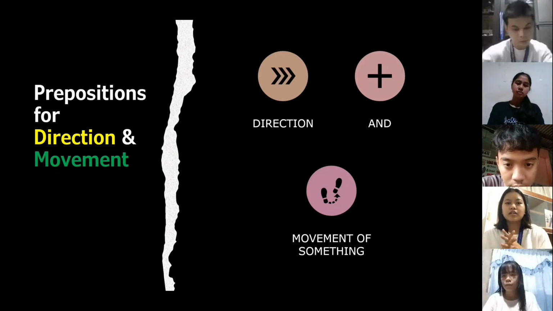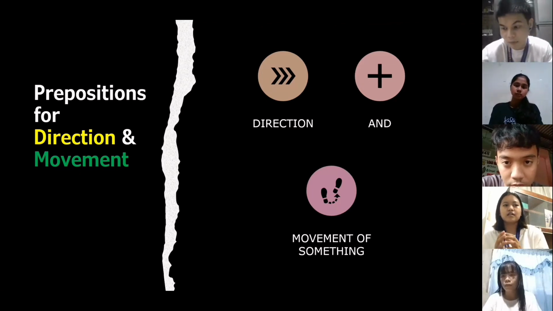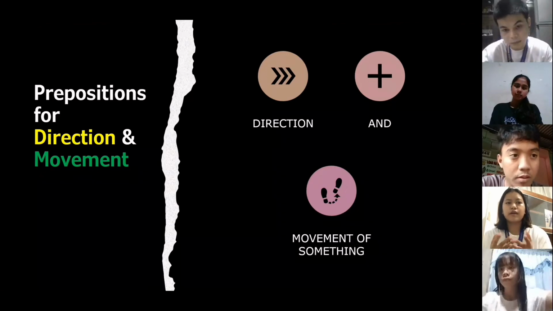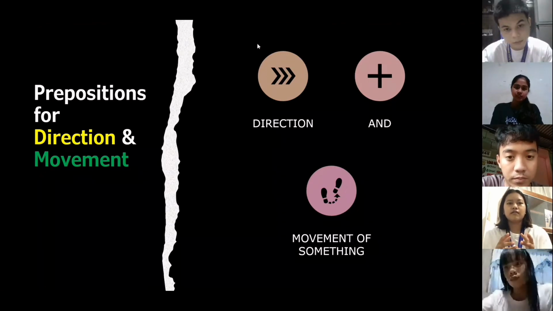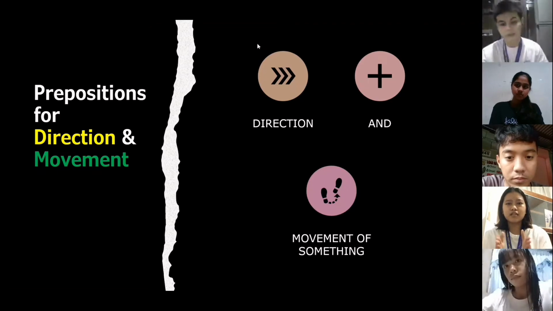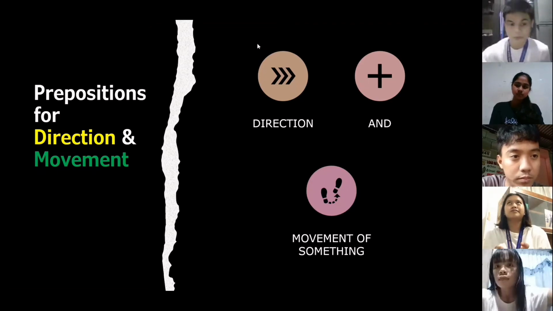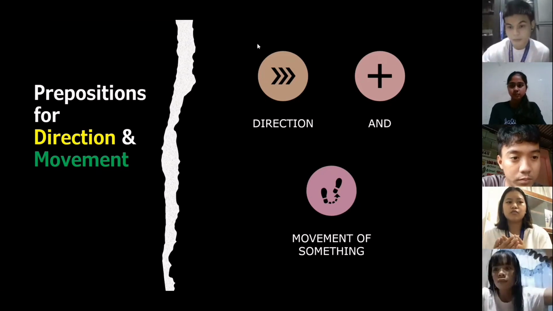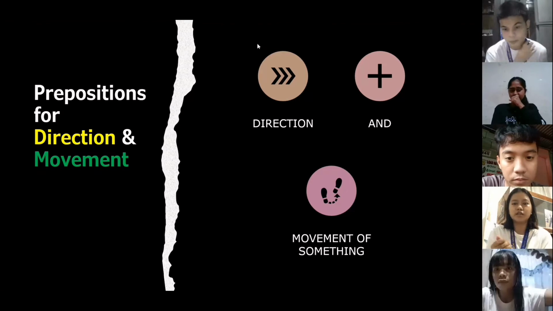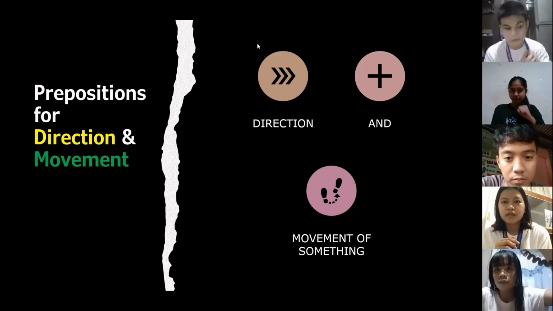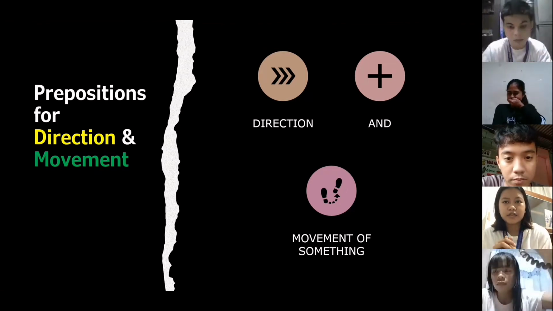As I have said earlier, it is used in a sentence when you want to show movement from one place to another.